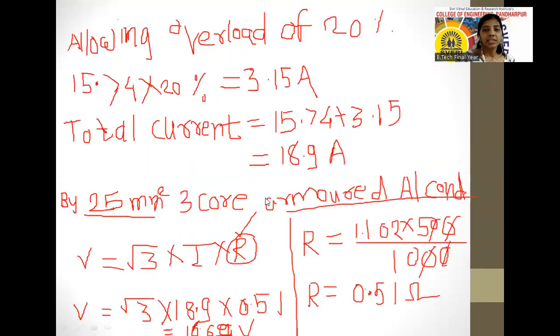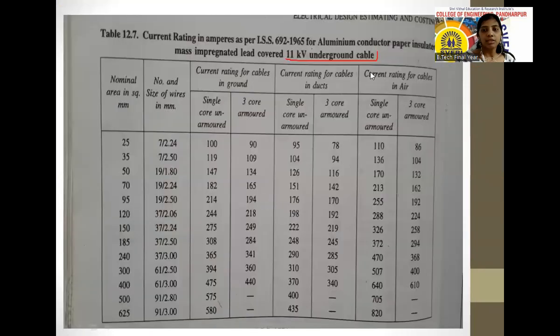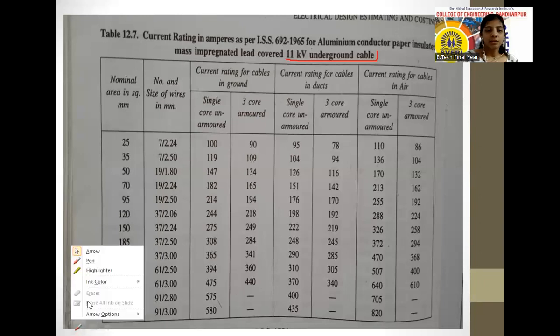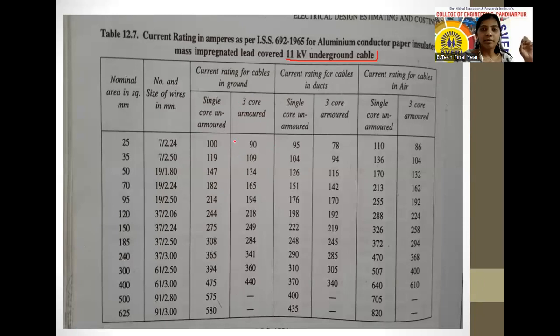Okay, for carrying the 56.7 ampere in the 11 kV underground cable, which conductor should we select? Just see this table carefully. 25 mm square. 25 mm square. Okay, very good. Single core, yes, 3 core. Which 3 core column do you refer? 3 core armored cable.